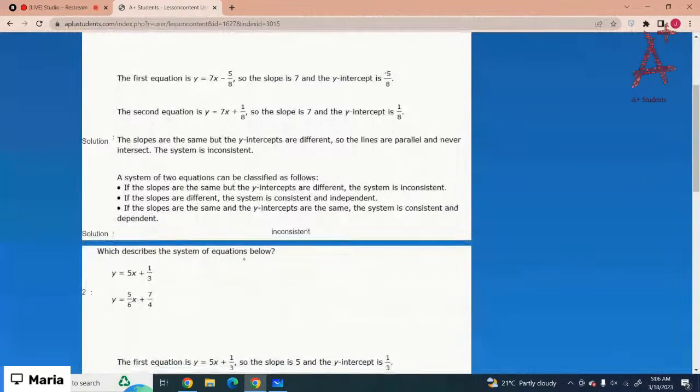A system of two equations can be classified as follows. If the slopes are the same but the y-intercepts are different, the system is inconsistent. If the slopes are different, the system is consistent and independent. If the slopes are the same and the y-intercepts are the same, the system is consistent and dependent. Got it?